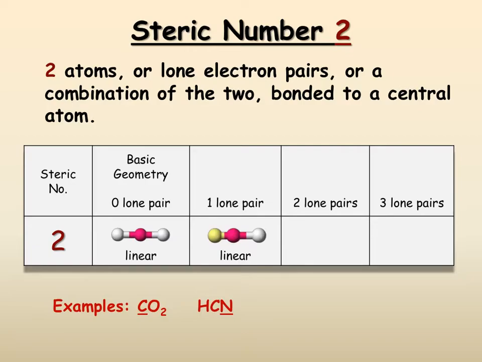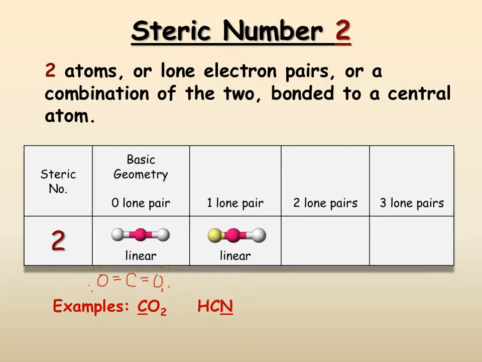So, what you have here is you can have an atom bonded to 2 things. An example of that would be carbon dioxide, which is carbon double bonded to oxygens, and focusing on carbon being your central atom, because the steric number would be different on the oxygens. That forms a linear shape.